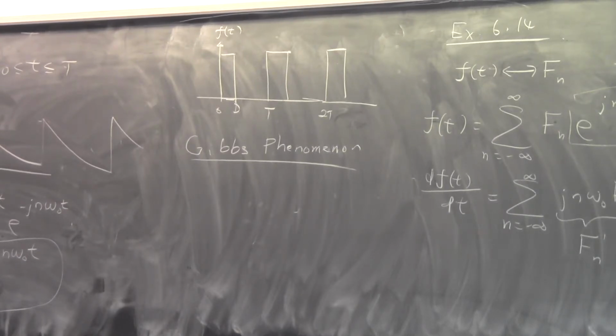If you add a finite number of terms, you don't replicate this function exactly. You replicate a function that looks something like this. Okay? And you get an undershoot and overshoot at this junction.